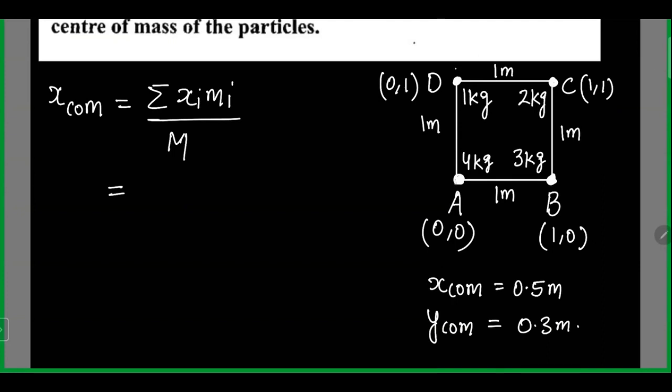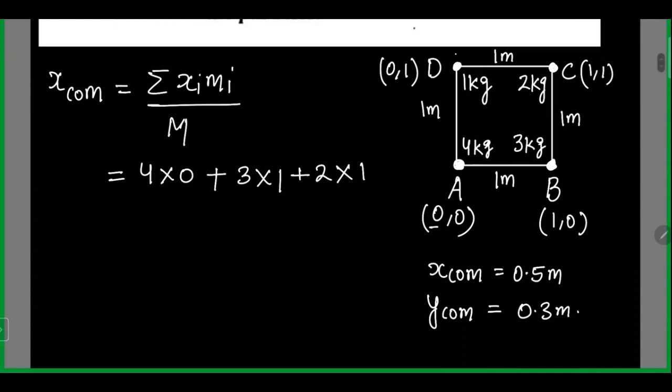First mass is at A, which is 4 kg times the x coordinate of A, which is 0, plus the second mass, 3 kg, times its x coordinate, 1, plus the third mass, 2 kg, times the x coordinate of C, which is 1, plus the last mass, 1 kg, times its x coordinate, 0, divided by the total mass, which is 4 plus 3 plus 2 plus 1.